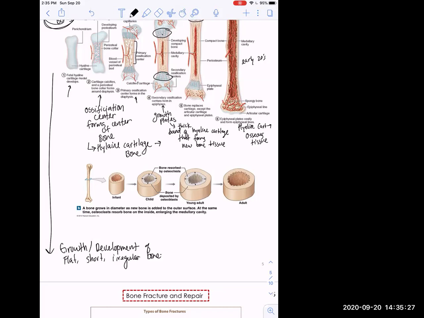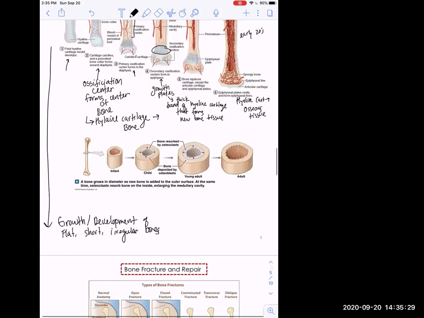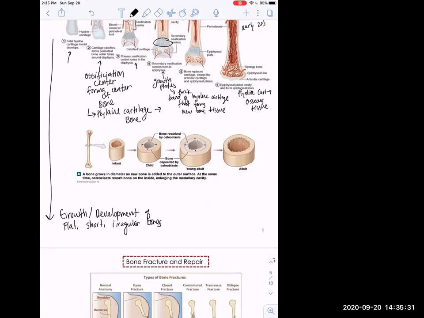Now, I don't have an image for you on this one, but this is pretty interesting how it develops. The first thing that happens with this type of bone is you get essentially two layers of connective tissue.